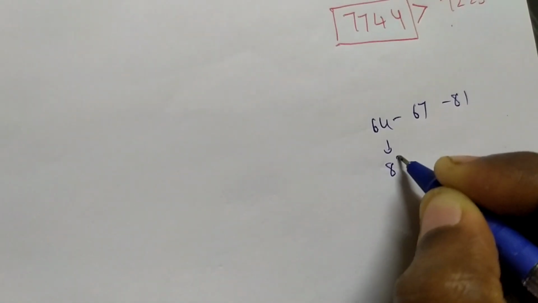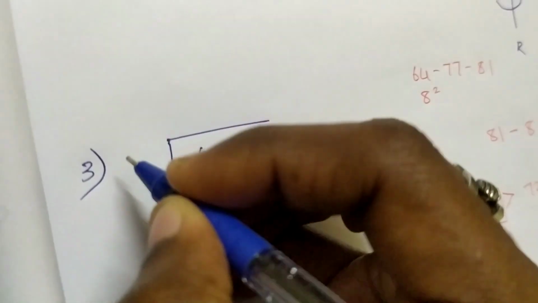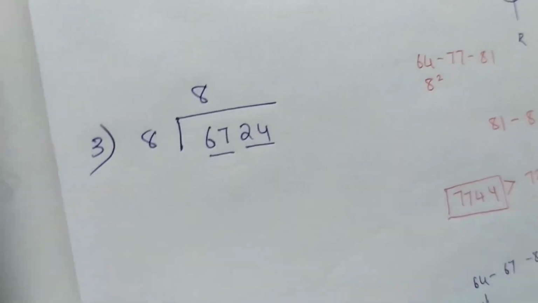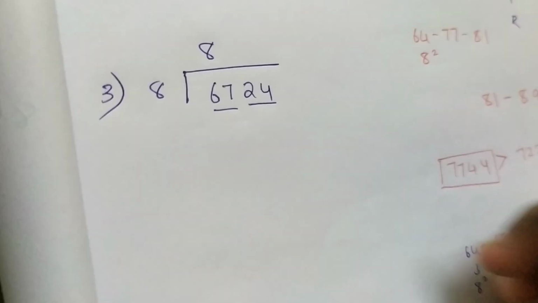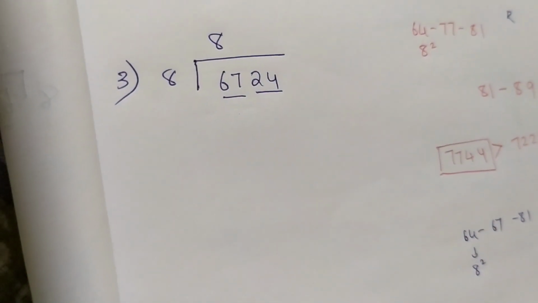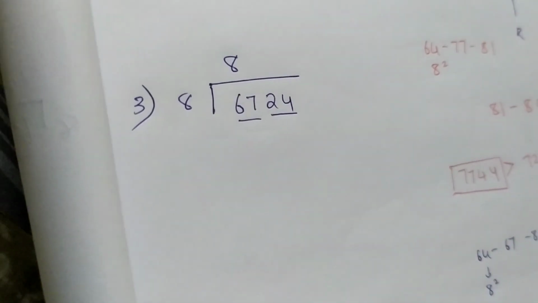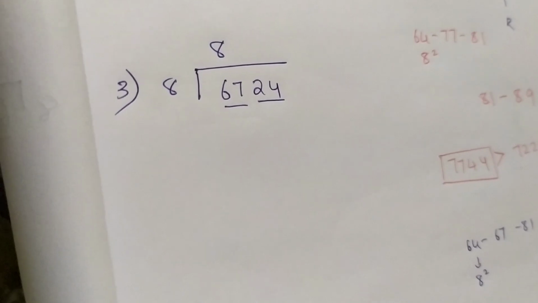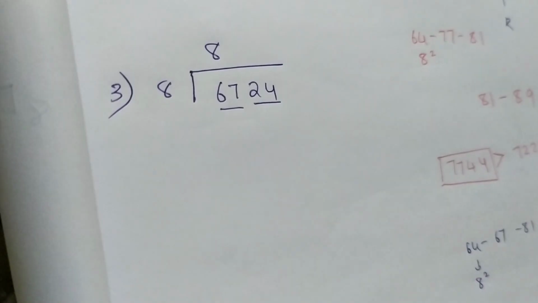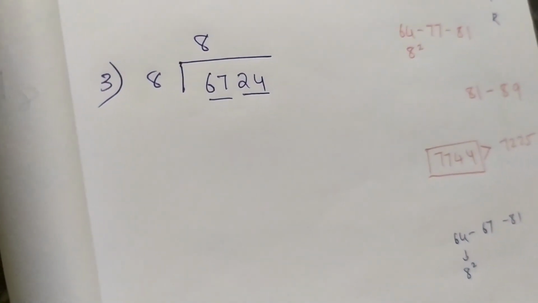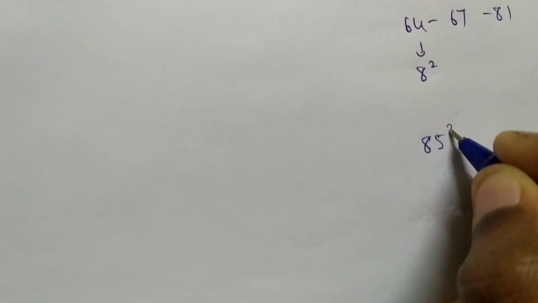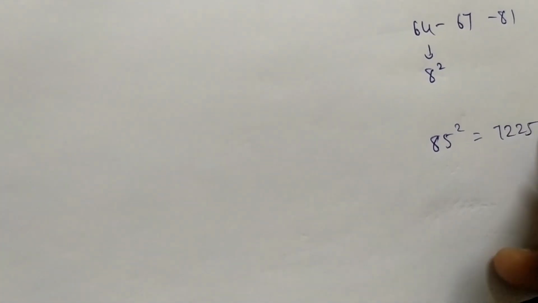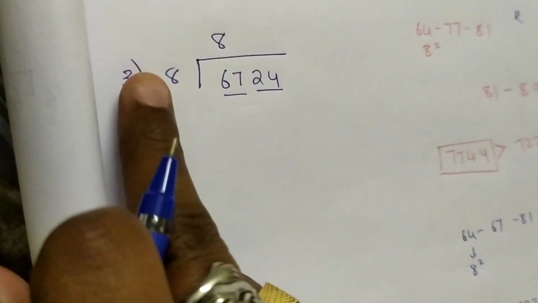This is 8 square. So put 8 here, 8 here. Then you have an idea that the square root of this number comes between 81 to 89, right? Consider the 85 square. So 85 square is what? 7225. And compare this 85 square and this number.